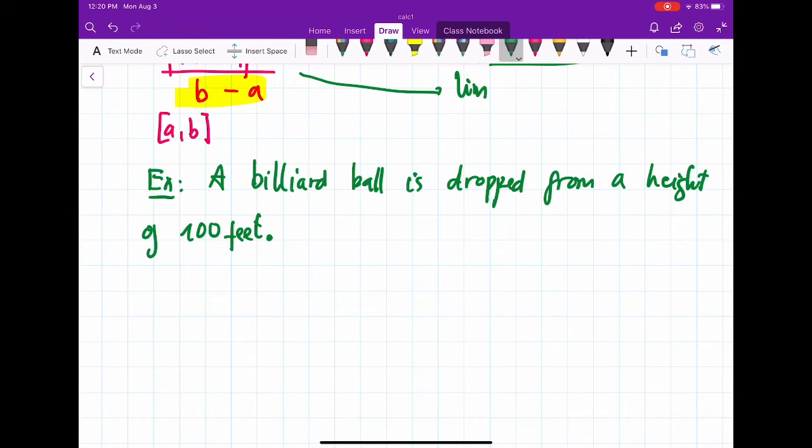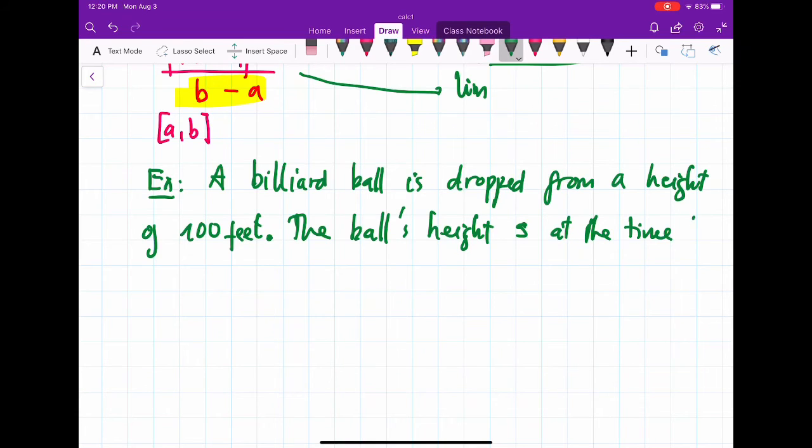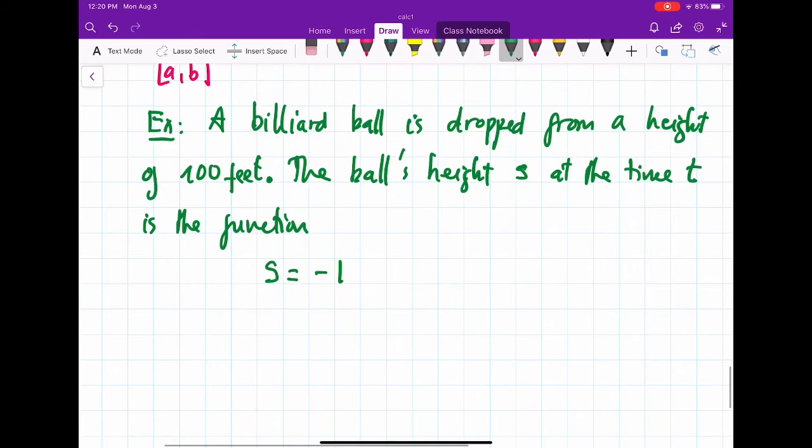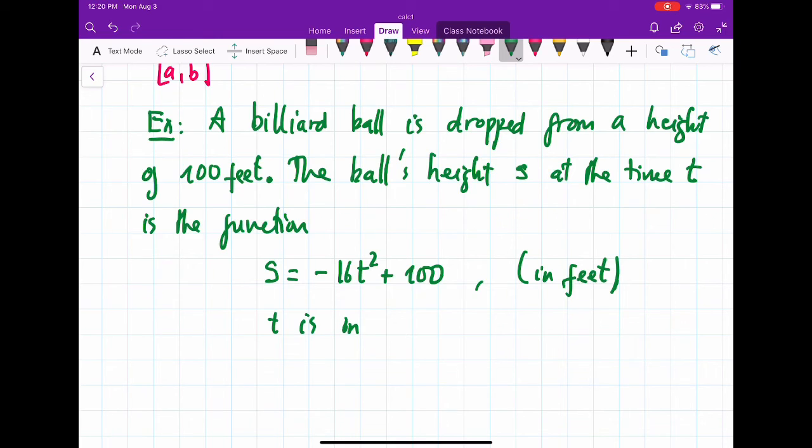Okay, and then we know the ball's height s at the time t is the function s equal to negative 16t squared plus 100, where s is measured in feet and t is in seconds.